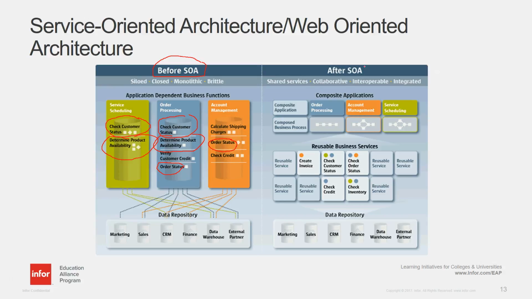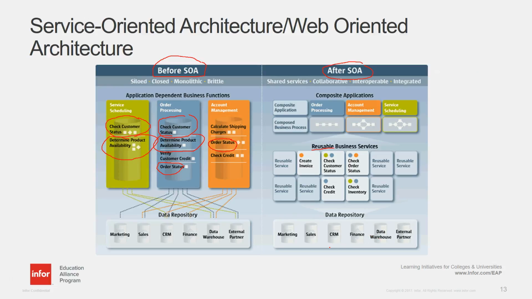Once we started invoking service-oriented architectures, now you have reusable services. That is the key word, reusable services. For example, creating an invoice, checking the order status, checking credit, checking the inventory, and so on. Those services can be reused, so you don't have to have multiple applications that are each running their own set of services. Rather, you have reusable services that can be used by multiple applications and/or multiple modules: sales, customer relationship management, finance, data warehouse, and so on.